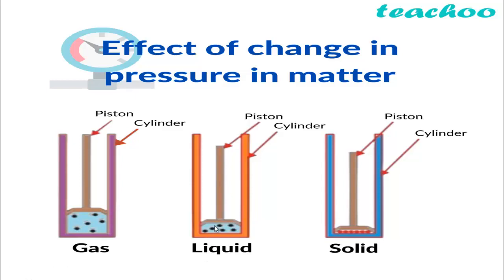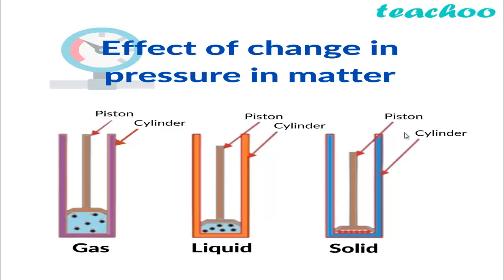And on further applying pressure, the intermolecular force is highest, the intermolecular distance is lowest, and it is converted into the solid state. So in this way, by applying pressure or decreasing temperature, we can easily convert a gaseous substance to liquid and into solid.